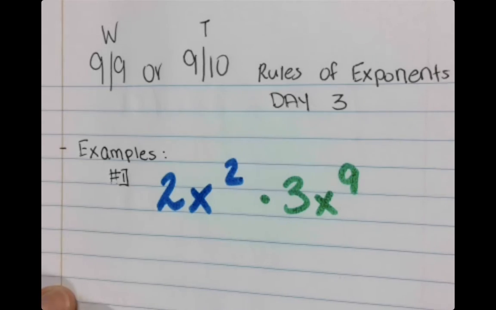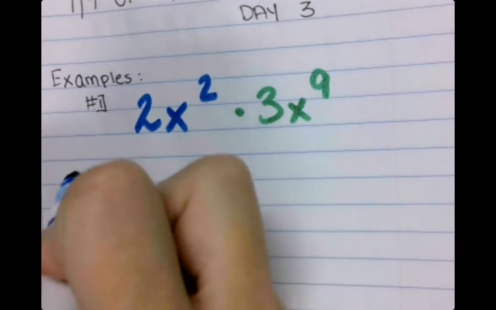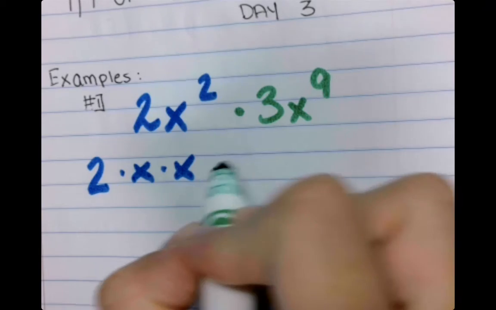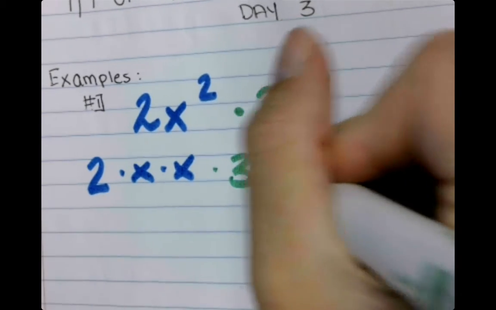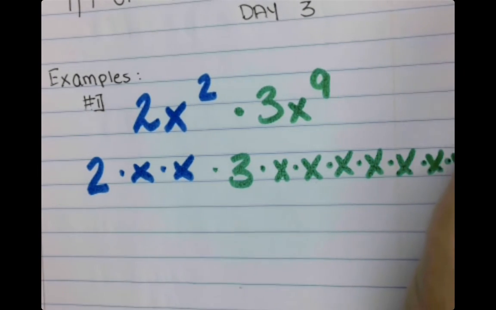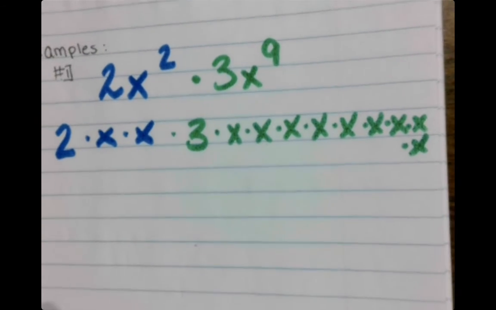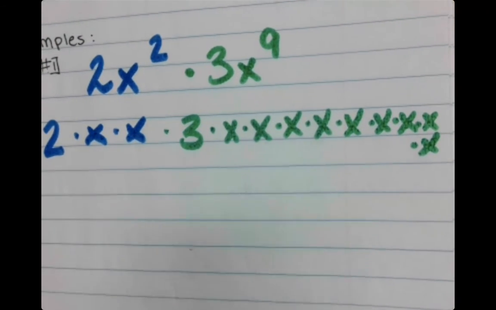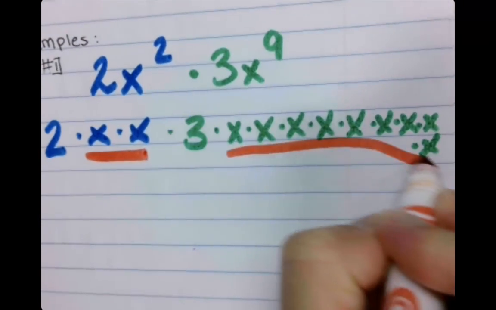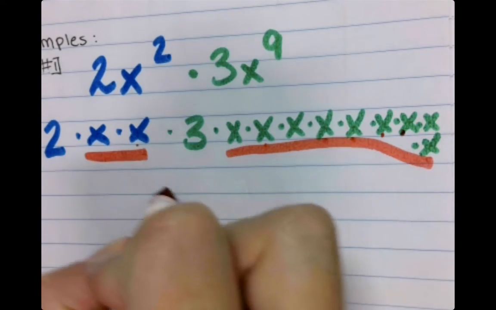We could expand this out. We could say that this is 2 and 2 x's, and this is 3 and 9 x's. Then if we put things together, this would be a total of 1, 2, 3, 4, 5, 6, 7, 8, 9, 10, and 11 x's.